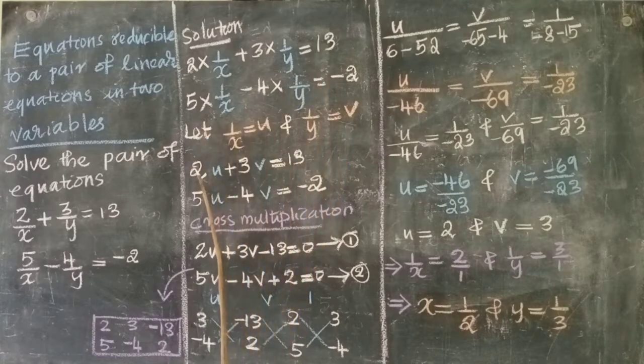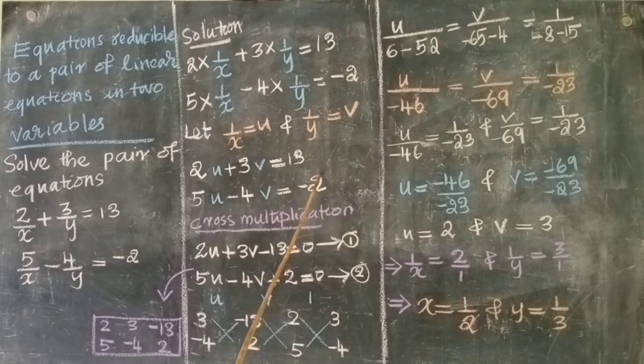So the equation changes: 2u plus 3v equal to 13, 5u minus 4v equal to minus 2. Now the equation becomes a pair of linear equations in two variables with variables u and v. Now we are going to solve these two equations.